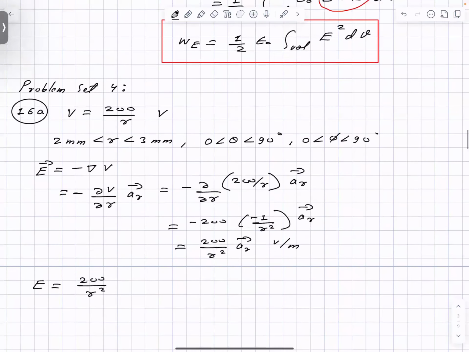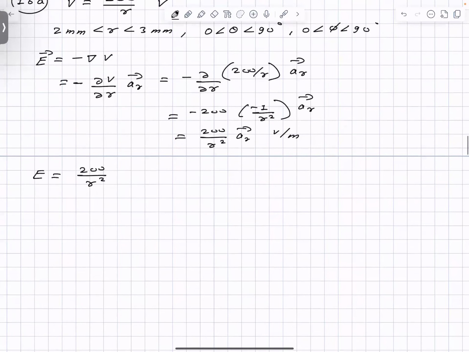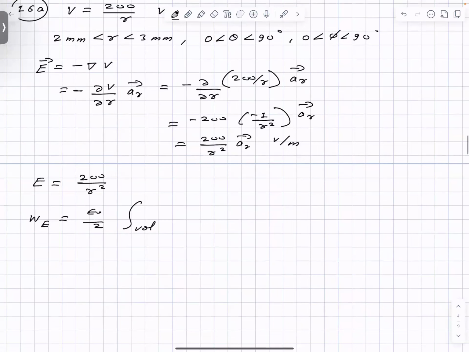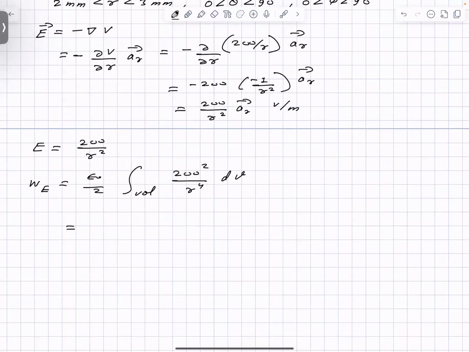Now we have what we need for that formula. Applying it, W_E equals epsilon naught divided by 2 times the volume integral of E squared, so 200 squared divided by R to the 4th, dV. How do we do this volume integral?